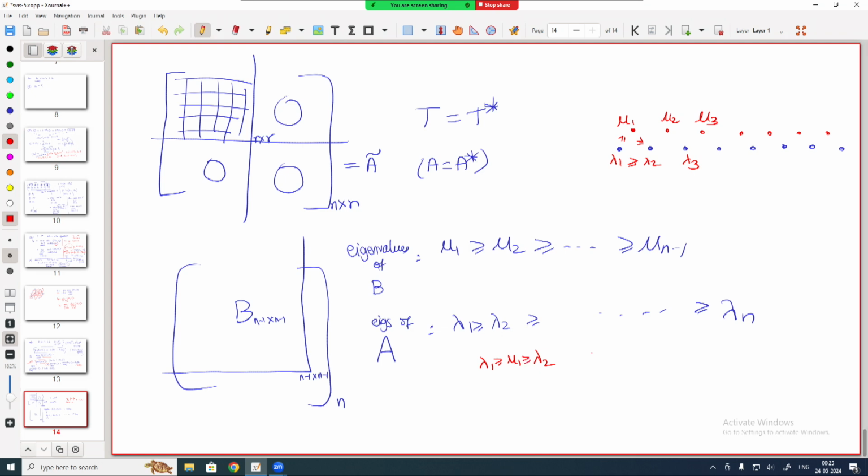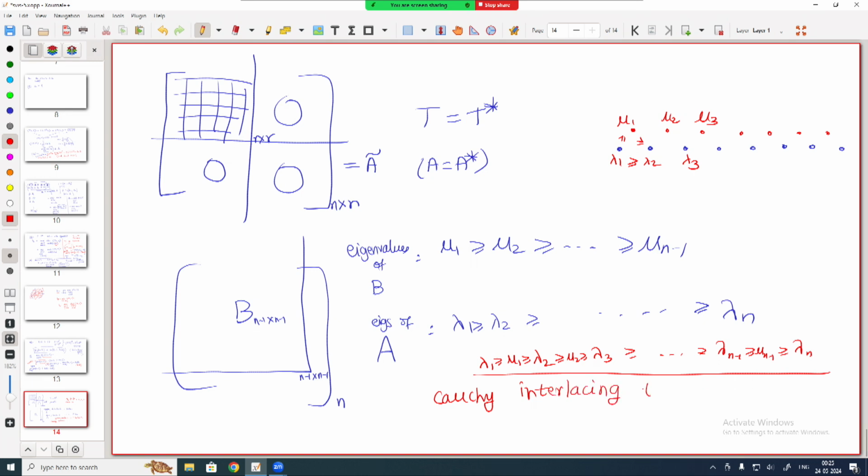Then I have lambda 3, and mu 2 is between them, and so on. The final one is lambda n minus 1, lambda n, and mu n minus 1 is between them. This theorem is called the Cauchy interlacing theorem. This configuration is called interlacing. I have n numbers and these numbers go and sit in the middle. So this is called the Cauchy interlacing theorem for eigenvalues.